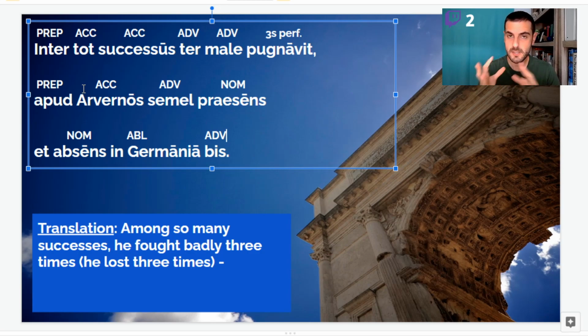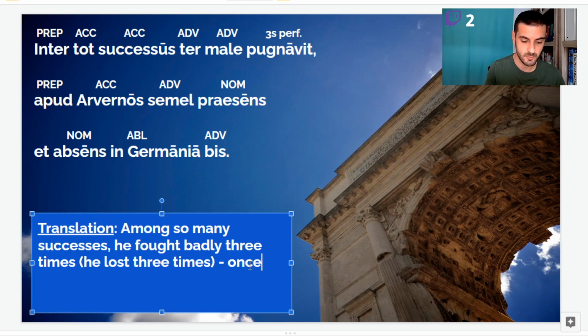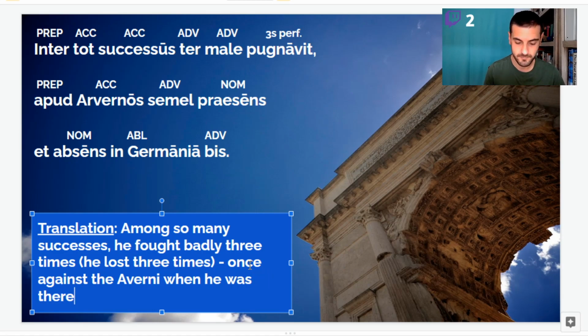So these 3 defeats, semmel, one of them, apud Averni. So he fought badly 3 times. Once against the Averni, praesanes, when he was there. Bis in Germania, twice in Germany.